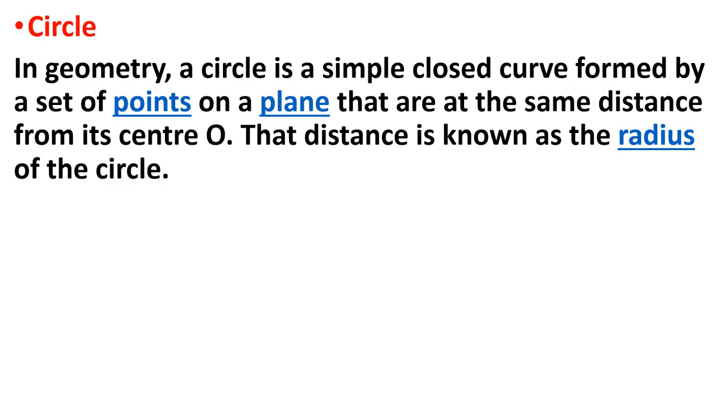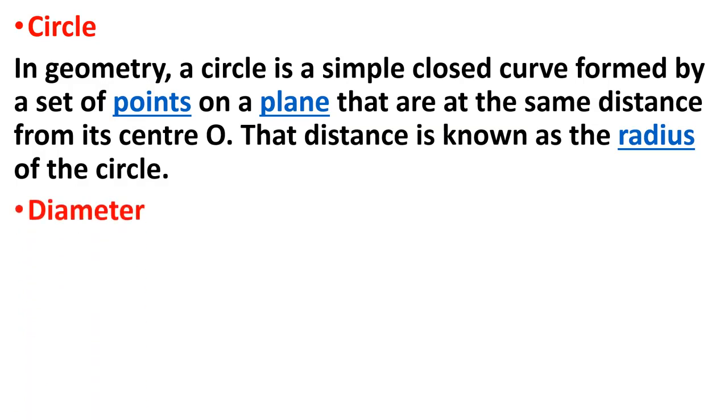In geometry, a circle is a simple closed curve formed by a set of points on a plane that are at the same distance from its center O. And that distance is known as the radius of the circle. Means from the center to the boundary of the circle, to the circumference of the circle, this distance is known as the radius of the circle.